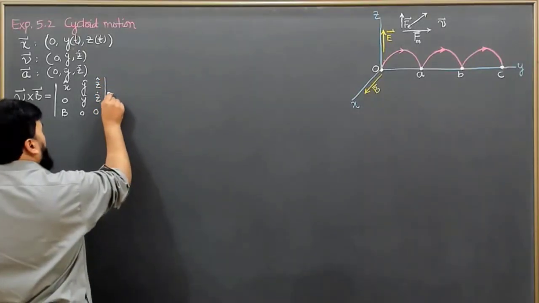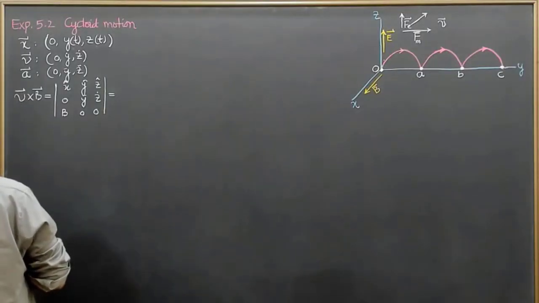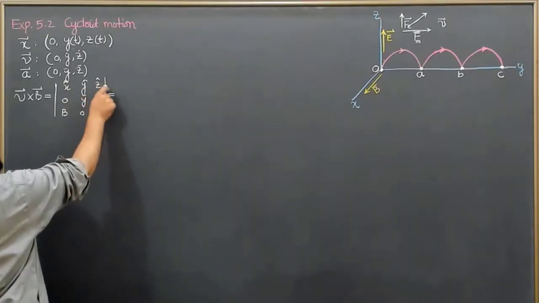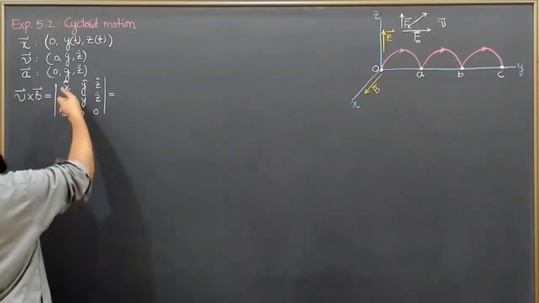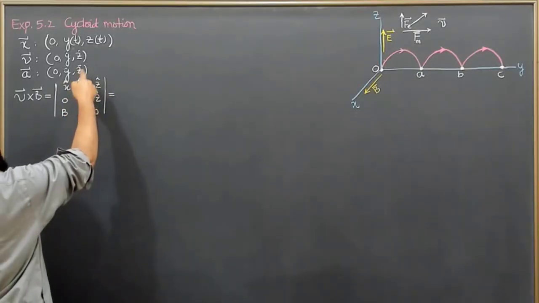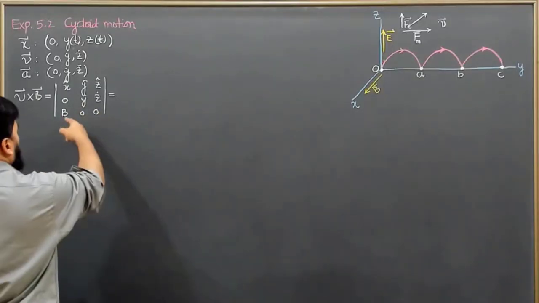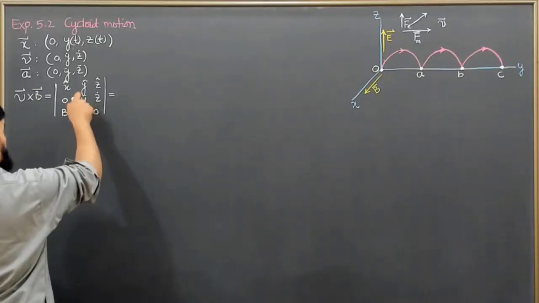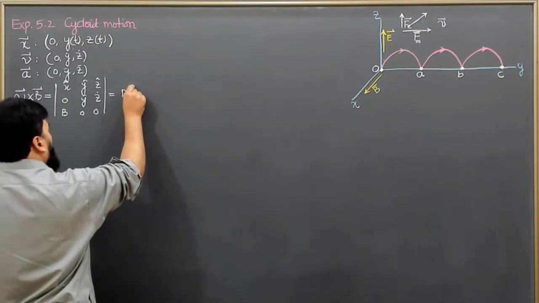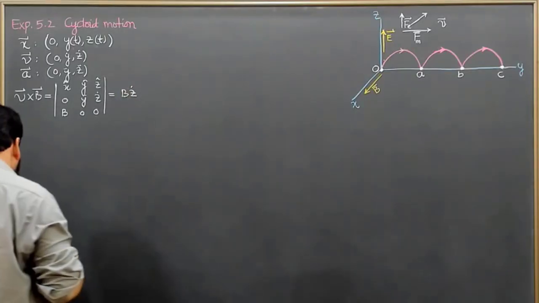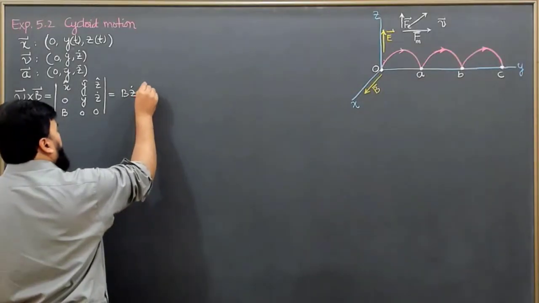For the x component, it is 0 minus 0, which is 0. For the y component, cross out this row and column: 0 minus B z dot, with the sign flipped, so it becomes plus B z dot. And this will be in the y direction.